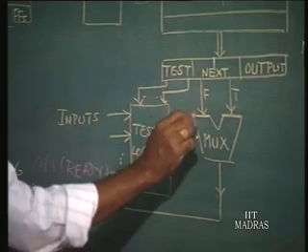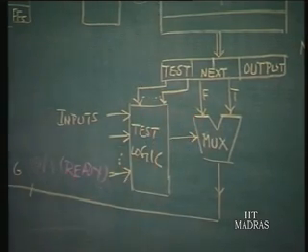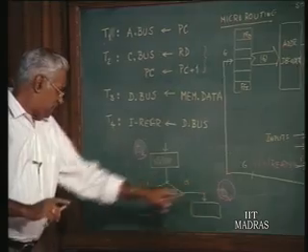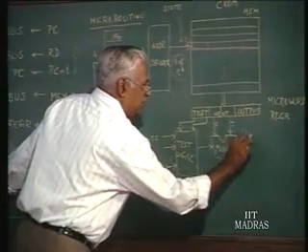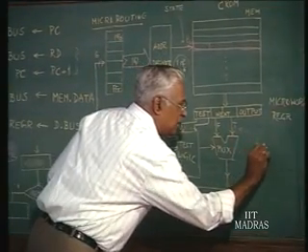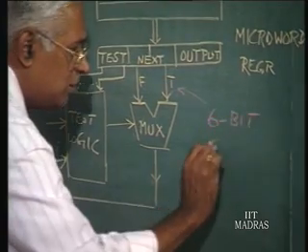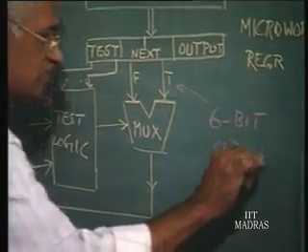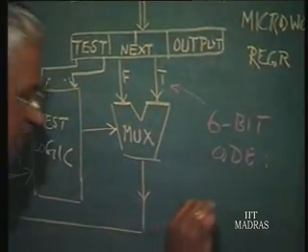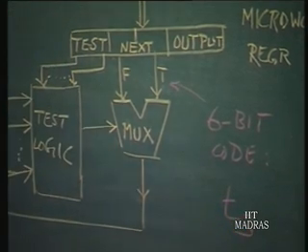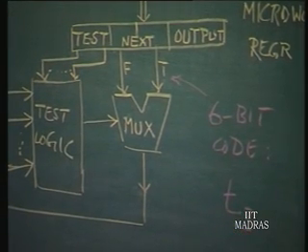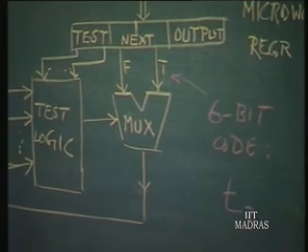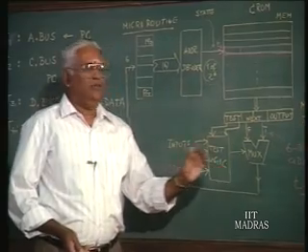This F will correspond to the code for TW. Otherwise, if it's true, this T will correspond to the 6-bit code corresponding to T3. Right? Now you have the whole picture of how the sequencing of the states is going on.